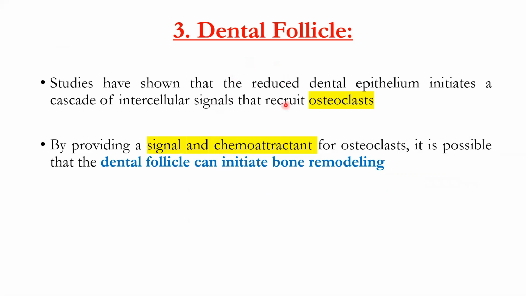Dental follicle is thought to have a major role compared to all other factors which we're going to discuss today, because it's the dental follicle which sends signals, recruits the osteoclasts and releases the factors which are responsible for widening of the gubernacular canal and ultimate eruption of the tooth.